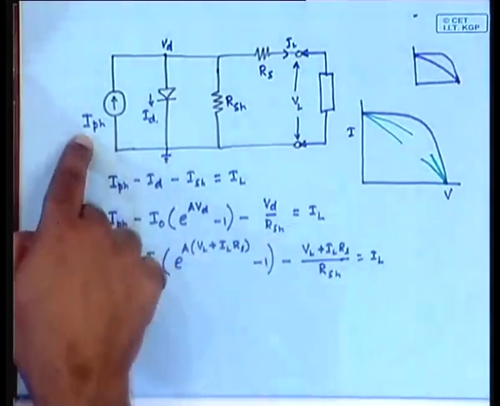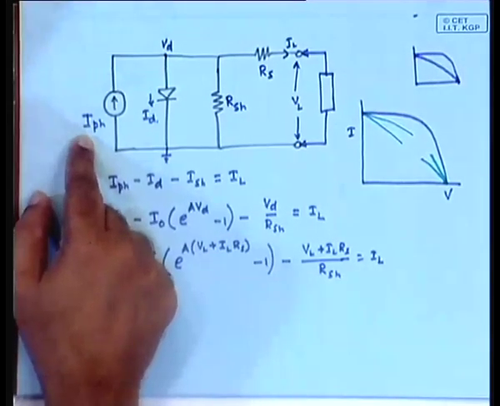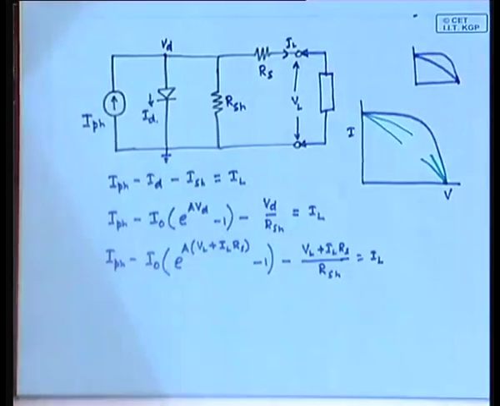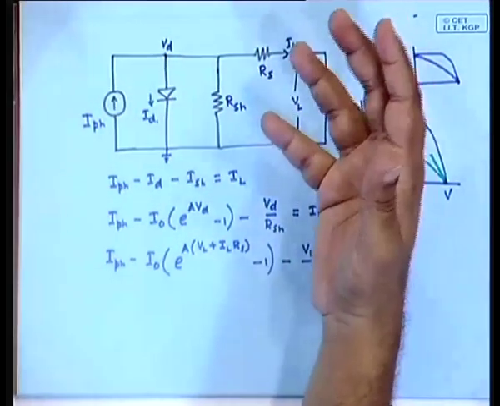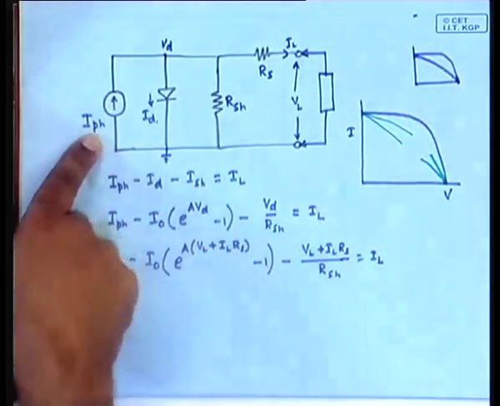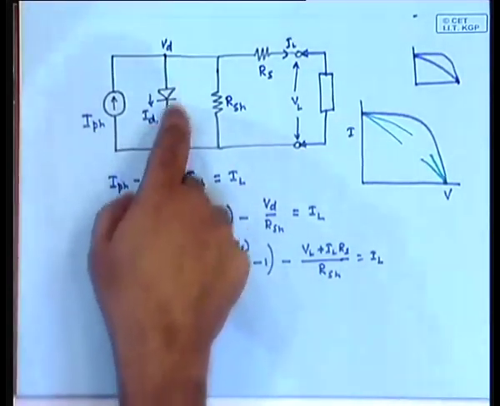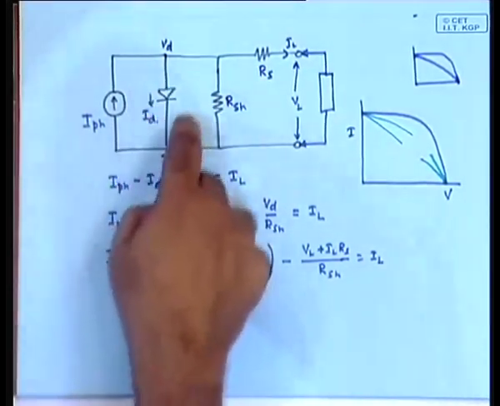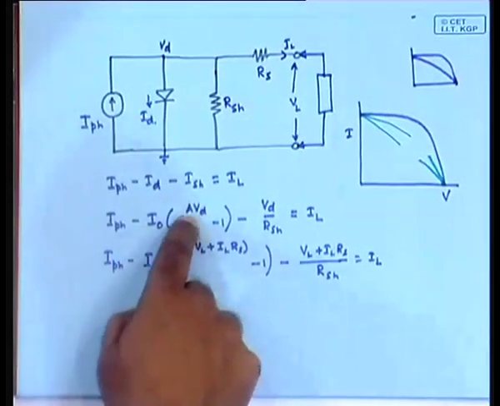Suppose I give you IPH, or I give you the incident solar radiation and the factor by which the incident solar radiation is converted to IPH, either of the two. We also give the parameters of the diode, meaning that I give you I naught and this A factor.